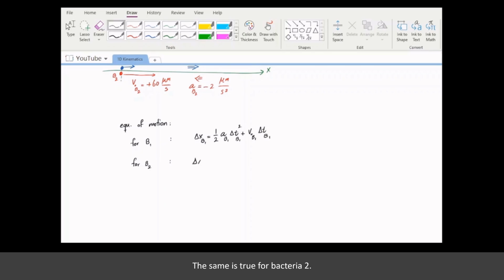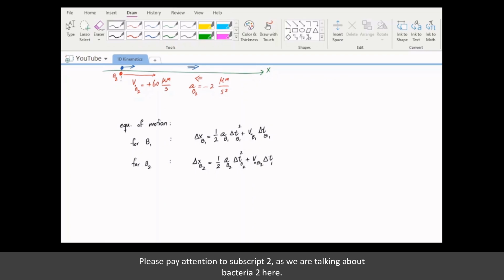The same is true for bacteria 2. Please pay attention to subscript 2 as we are talking about bacteria 2 here.